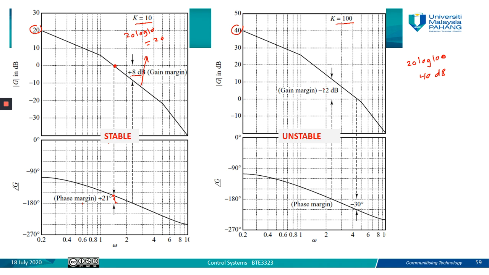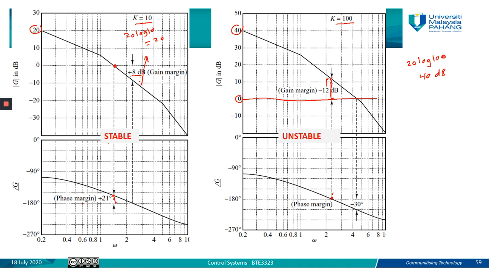Okay. If the crossover frequency is changed, this is the crossover frequency for the phase with 180. If we draw here, we find this is our gain margin. This is the difference. It has become on top of the 0 dB line. This is the 0 dB line, and our magnitude graph has become on top of it.